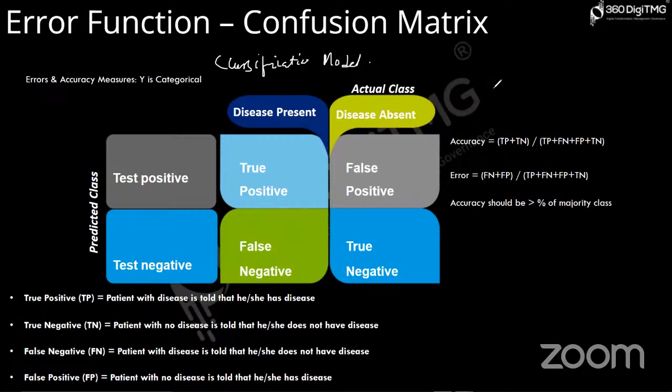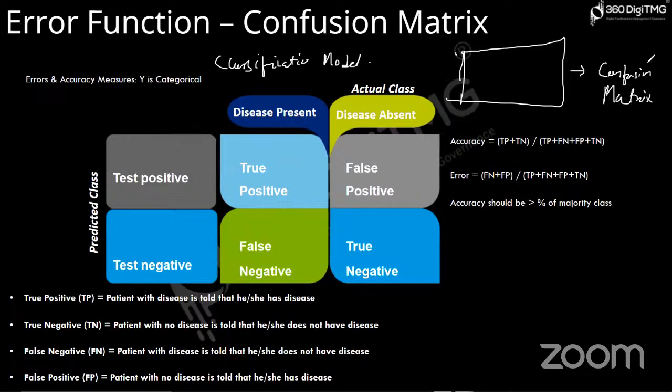Now, for this classification model, we will first have to build a 2 into 2 matrix, which is also known as a confusion matrix. So this will be a 2 into 2 matrix.